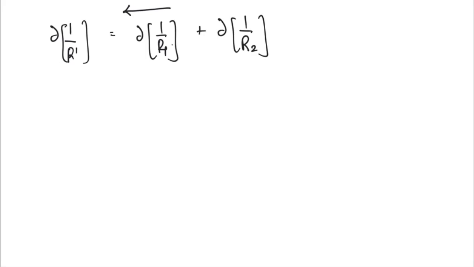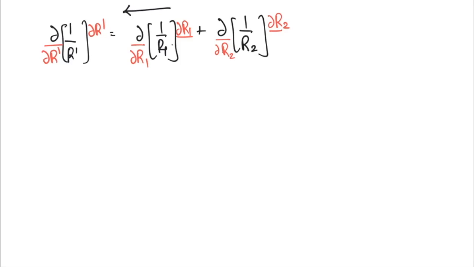For example, here we will take del r dash, and we will multiply and divide so that we balance the equation: del r1 into del r1, and del r2 into del r2.